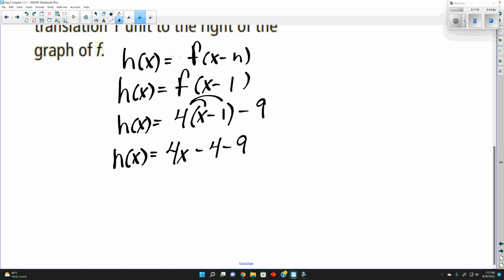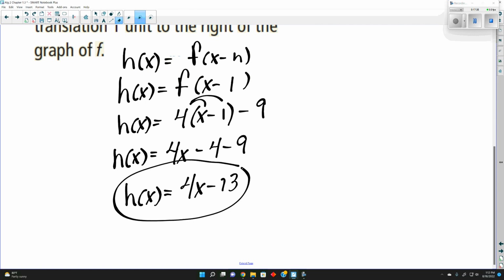Minus 9. Combine like terms. So h of x is 4x minus 13. We could say plus negative 13, or just minus 13. But that's it.